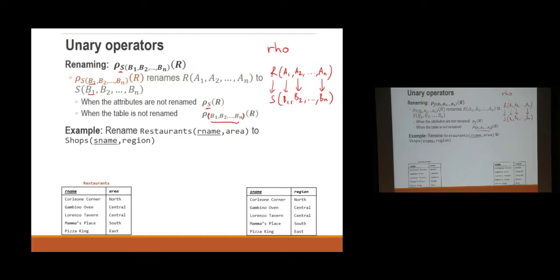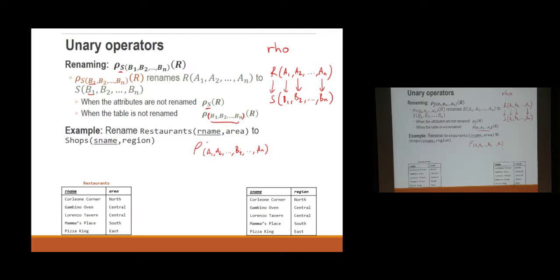If there are n attributes and you just want to rename one, the simplest way is by saying rho A1, A2, and then you have B1, and then until AN. You have to specify the rest. They are still unchanged. All right? So any questions?